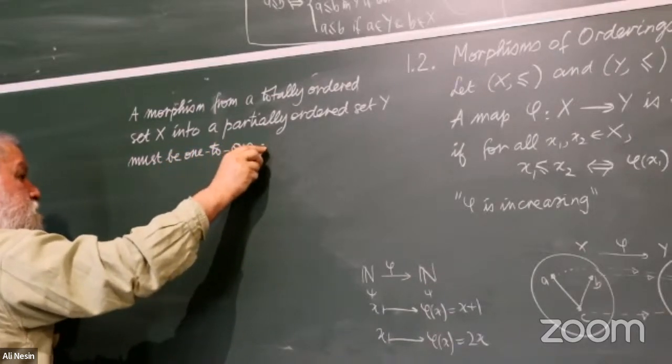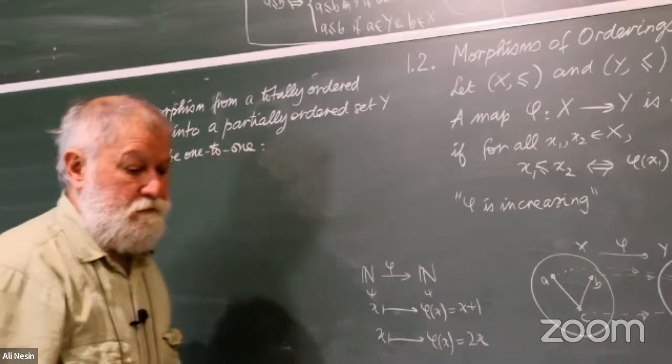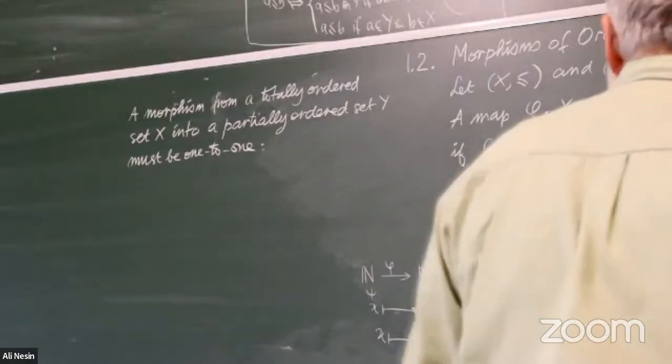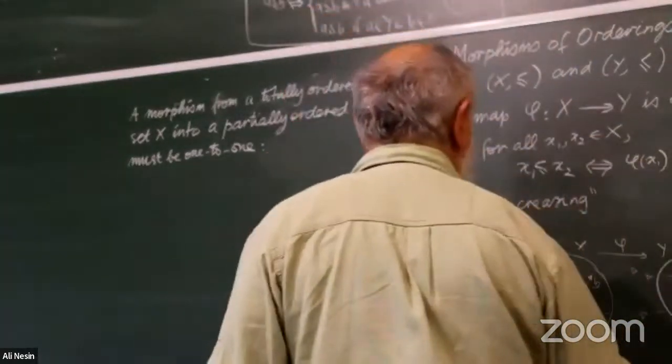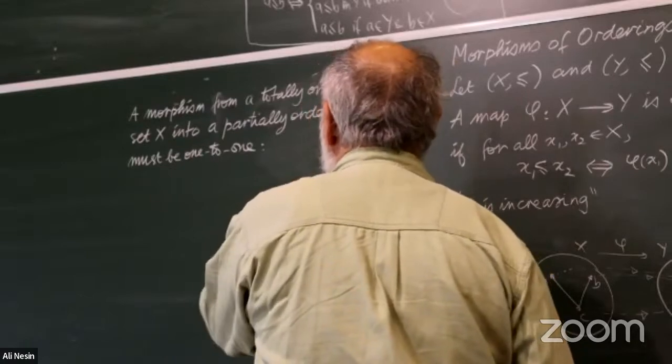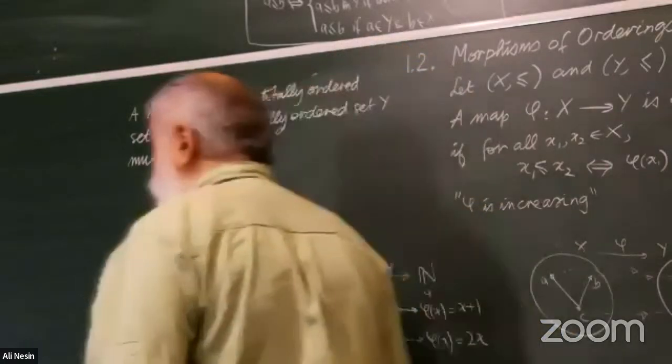Can you prove this? A morphism from a totally ordered set, sorry, yes, from a totally ordered set into a partially ordered set Y must be one-to-one.